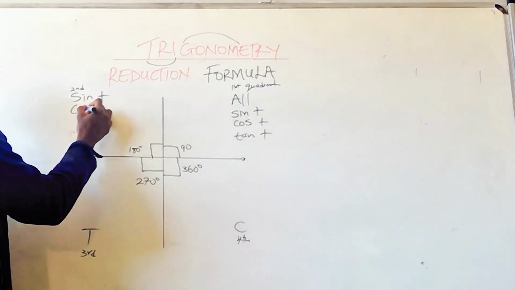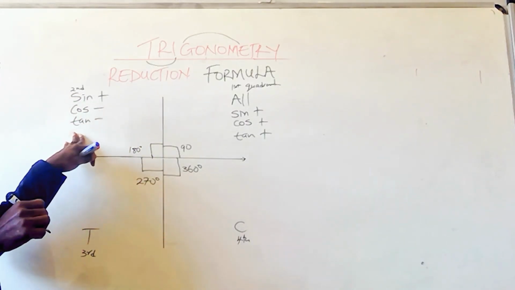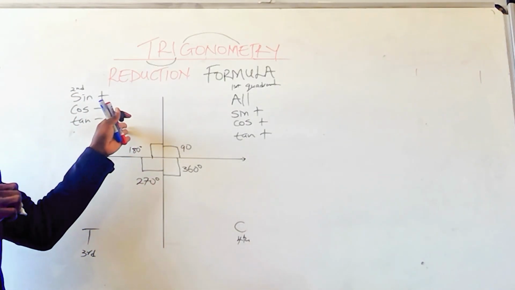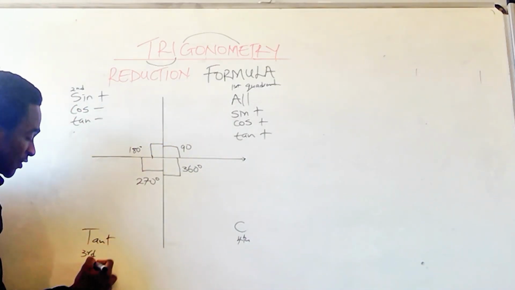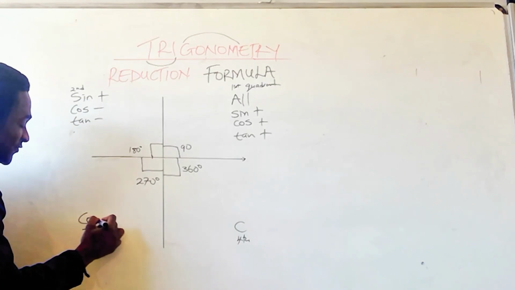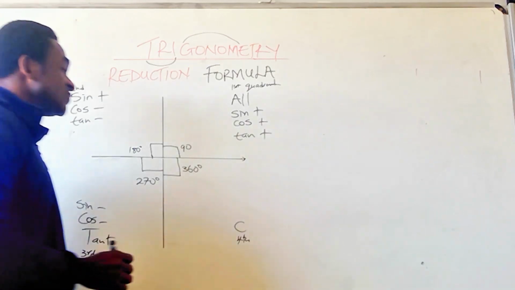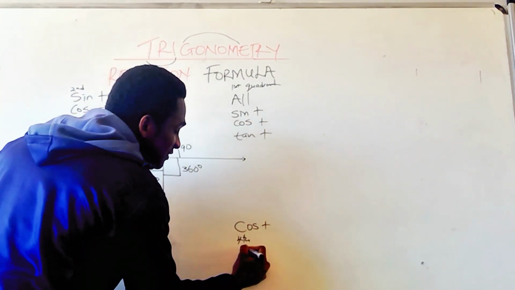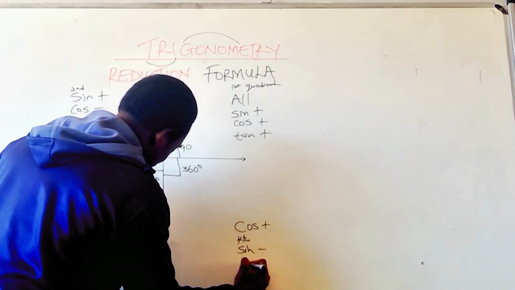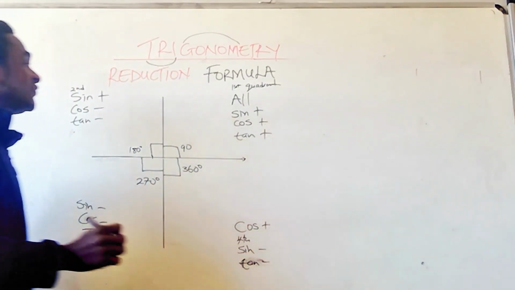Sine will be positive, others will be negative. Cos and tan will be negative, so whenever you encounter tan within this quadrant, it will be negative. Here, tan will be positive, cos will be negative, and sine will also be negative. In the last quadrant, which is the fourth quadrant, cos of any angle will be positive, sine will be negative, and tan will be negative.